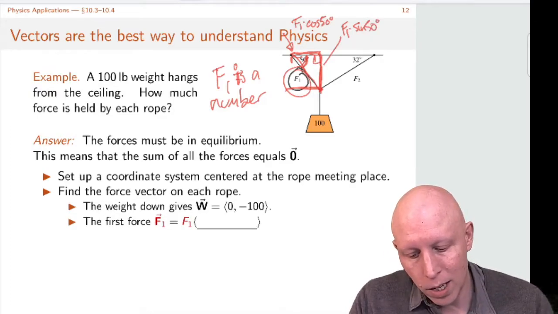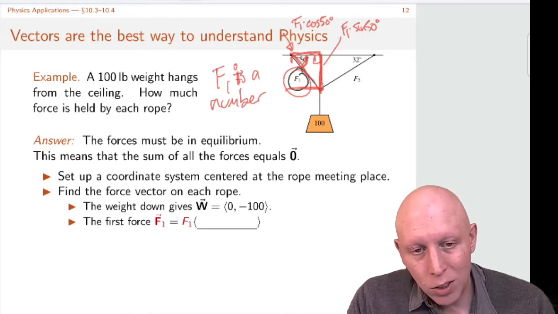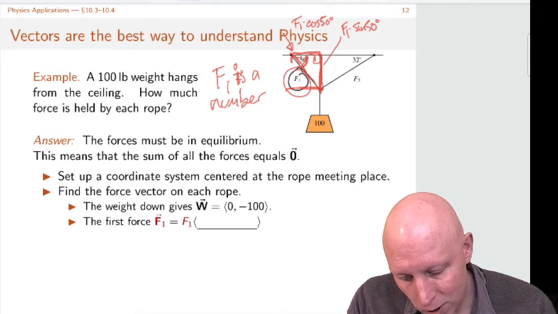So F1 is the hypotenuse, sine of 50 is opposite over hypotenuse, and so when we multiply that by the hypotenuse, we get the opposite. So F1 sine of 50. So this first force is equal to F1 times sine of 50.